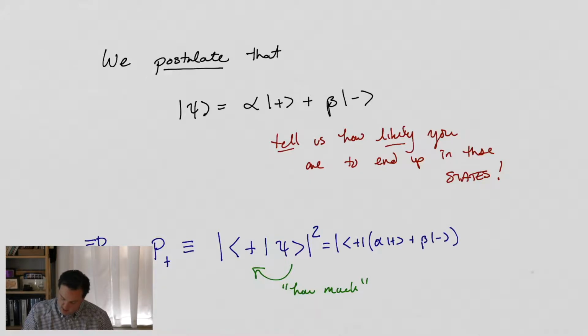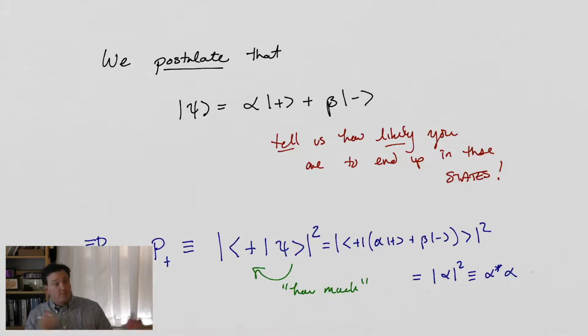And here I'm just so happy that I have a beautifully orthonormal basis, because plus dot minus is going to give me 0, plus dot plus is going to give me 1, and I end up with the modulus squared of alpha, which is, of course, defined to be alpha star alpha. And that's the relationship between the expansion coefficients and the probability amplitudes and the probabilities themselves.